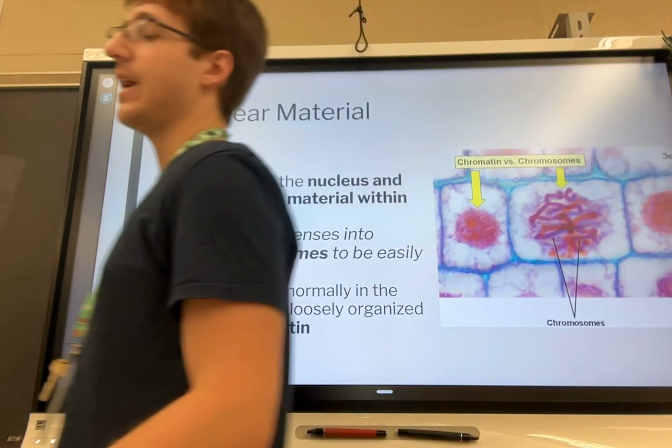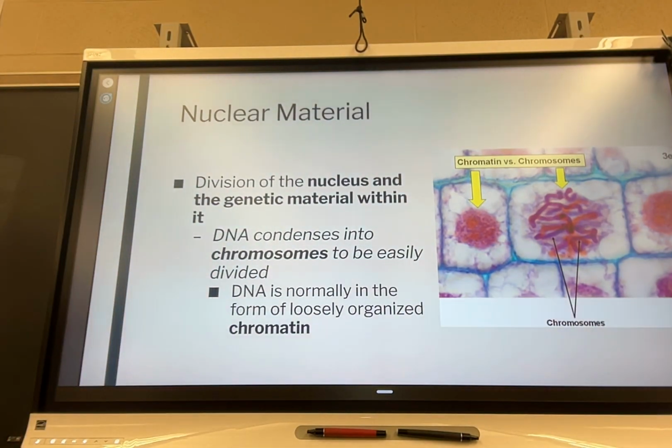Think of it like a ball of yarn. Is it easier for me to carry it around like this or to carry it around like this? The first one. If we roll it up into a ball, it's very easy to store. It's very easy to transport. Same thing's going to happen with our chromosomes. It's much easier to move it around as a chromosome than it is as loosely organized chromatin.